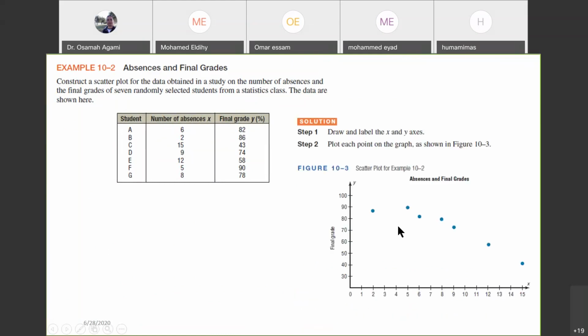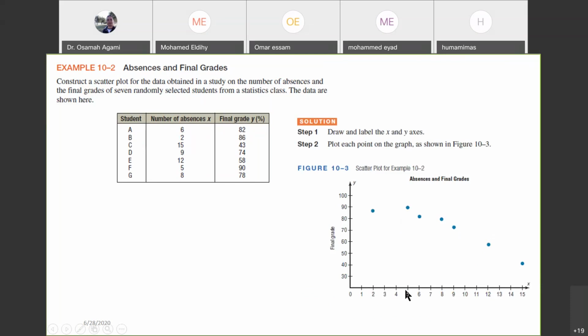If I get the points 6 and 82 and the point 2 and 86, etc., I will have such points scattered. From the left to the right, I'm going down. It means the more absence, the lower the grade.